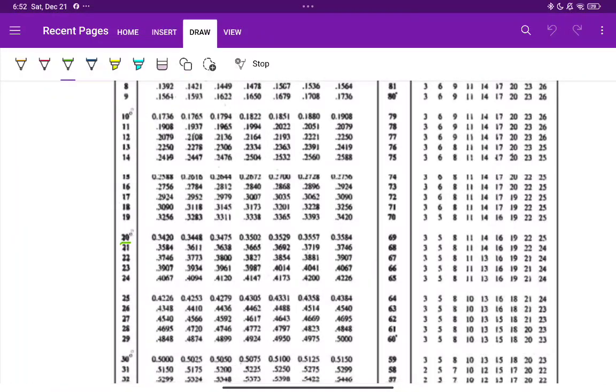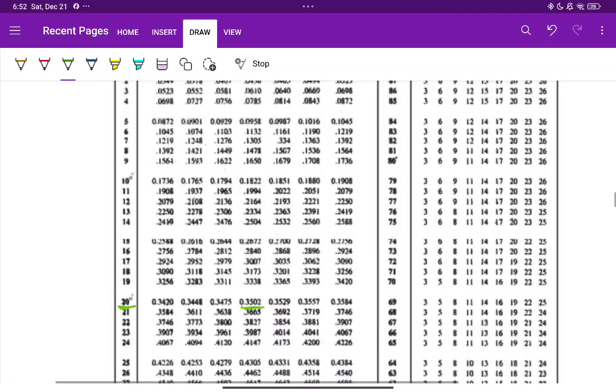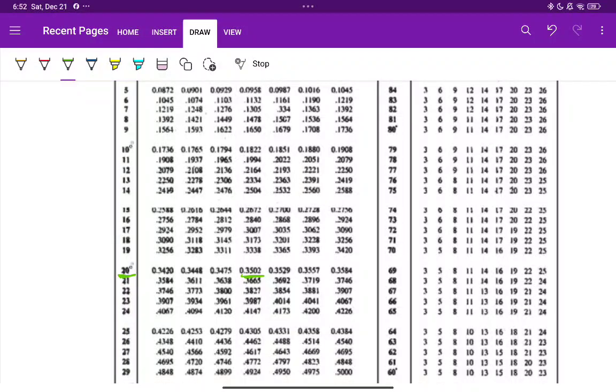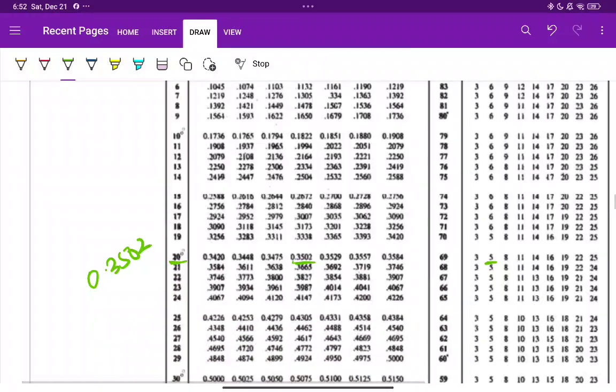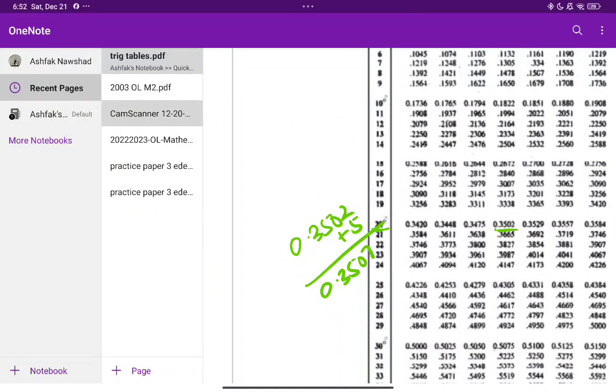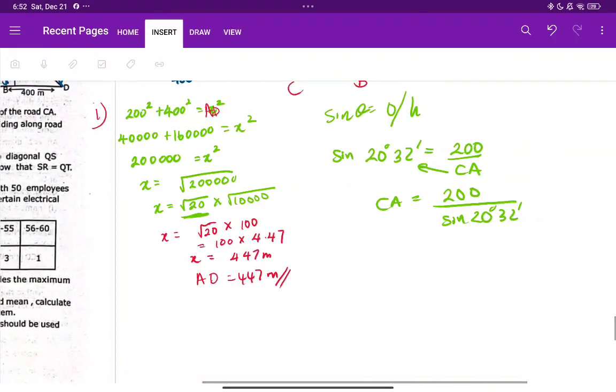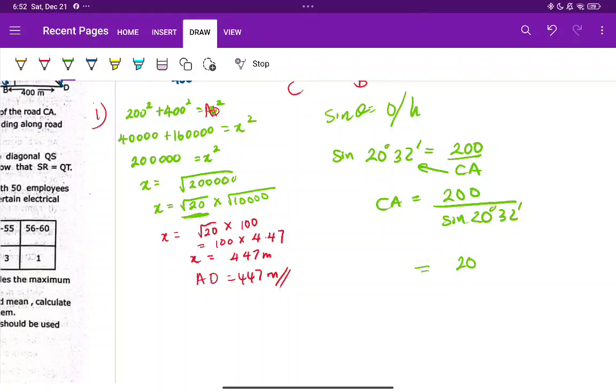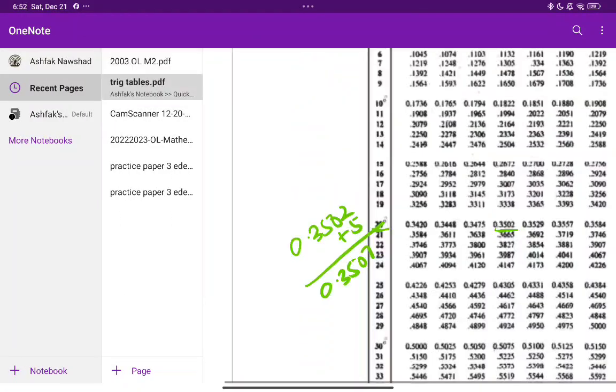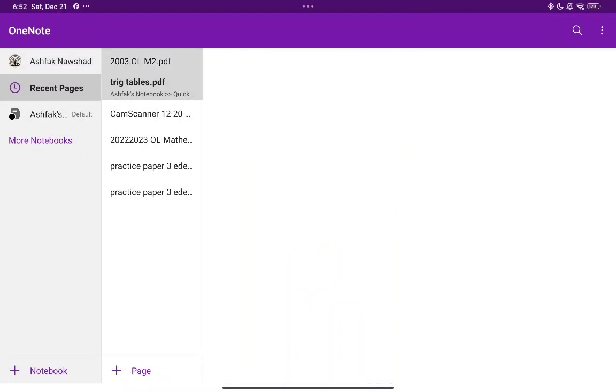For 20 degrees 30 minutes it is 0.3502, and for 2 minutes, that is 5 in the mean difference column. So finally that's 0.3507. So we would have to divide 200 by 0.3507.